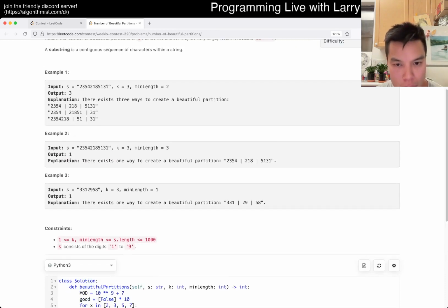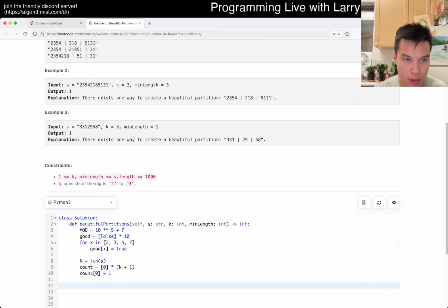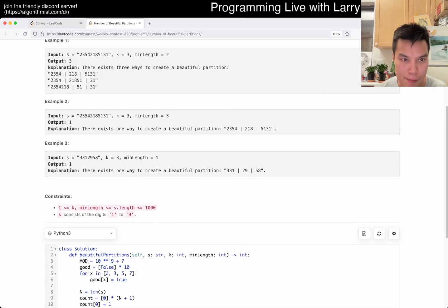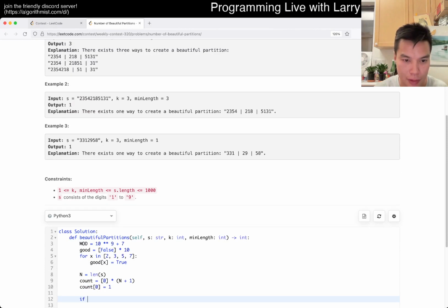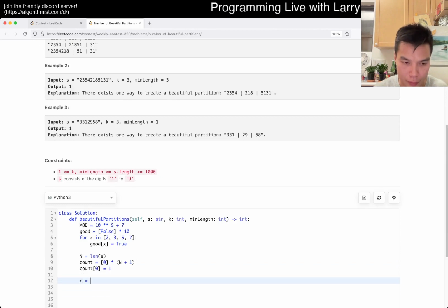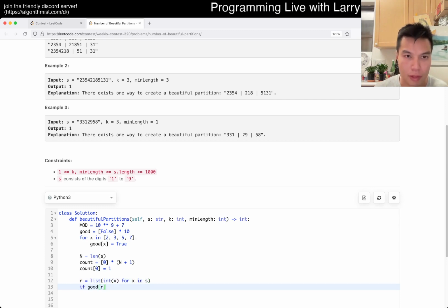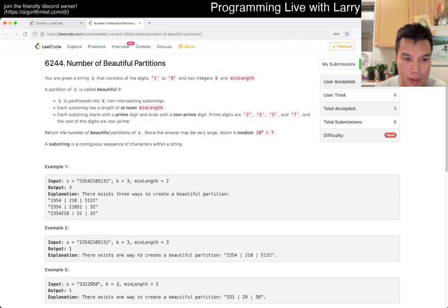So basically, okay. If so it has to start with a prime and end with a non-prime.